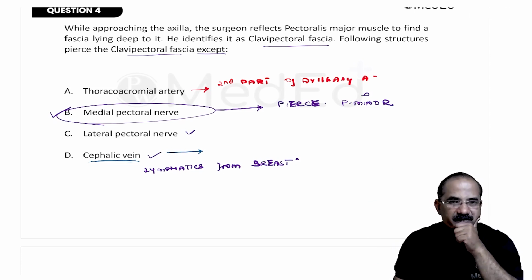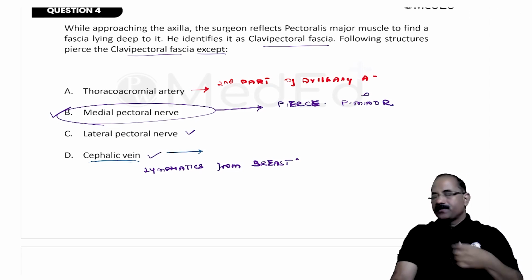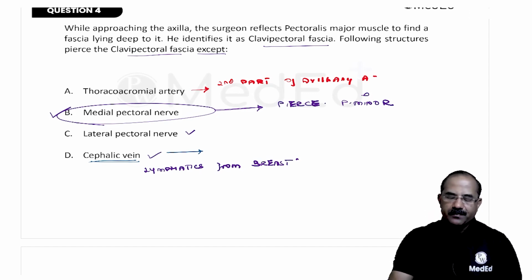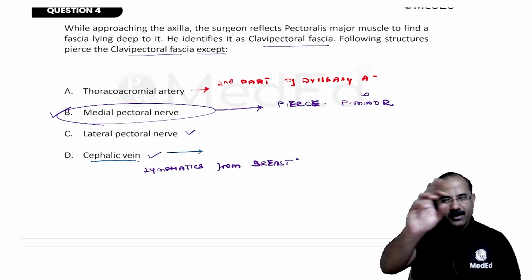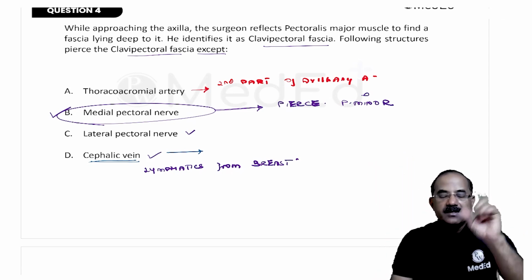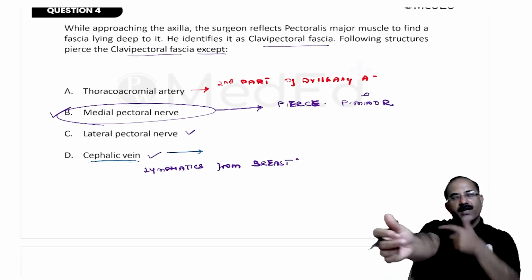बोलो बच्चों. What is the vein on the medial aspect of the upper limb? समझ में आ रहा है? Lateral side पे कौन है? Cephalic vein है. Which is the vein on the medial aspect of the upper limb? That's a basilic vein. And what is the vein which connects the cephalic and the basilic vein?